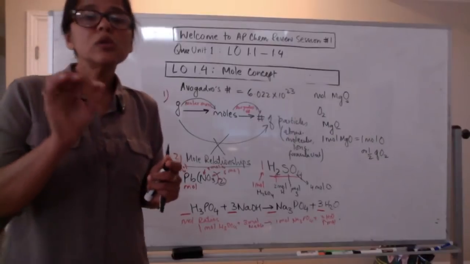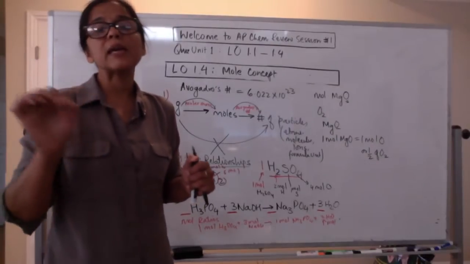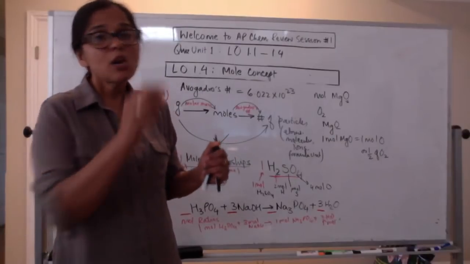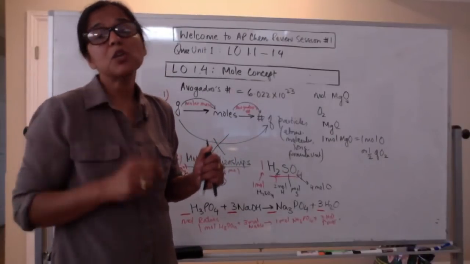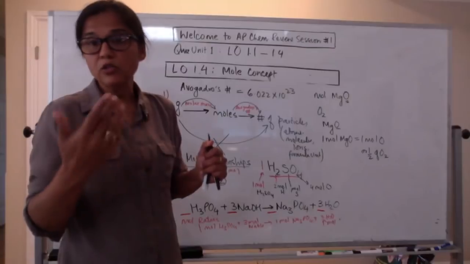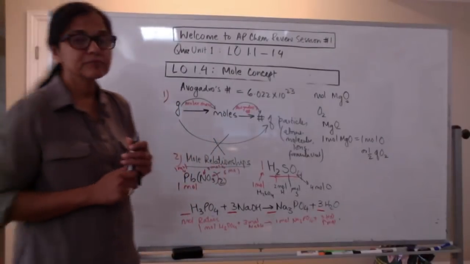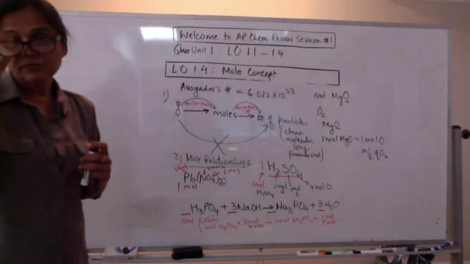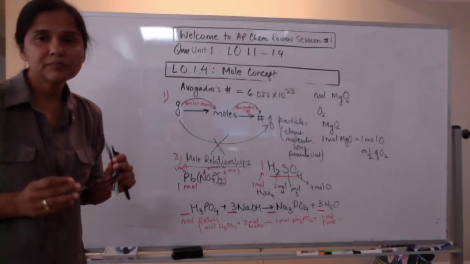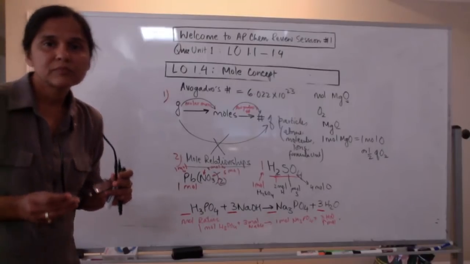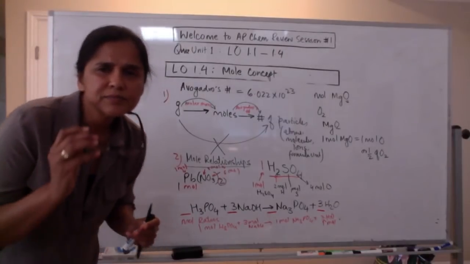O2 is only O2 when it is by itself as an element. If it is in a compound, then it can be whatever the subscript of O is, 1, 2, 3, whatever. Is that good, Gianni?